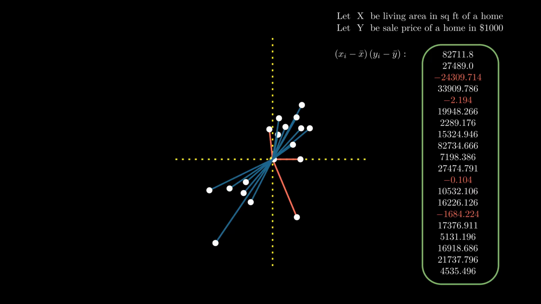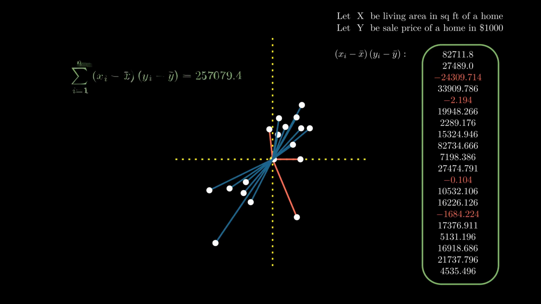One approach is to average out these individual data points' tendency to covary into an average tendency to covary. Well, that is the idea behind covariance. The products of deviations from their means are averaged to give what we call the covariance.